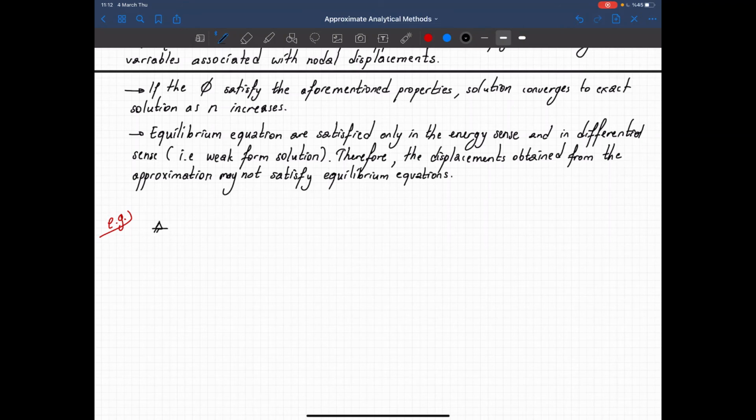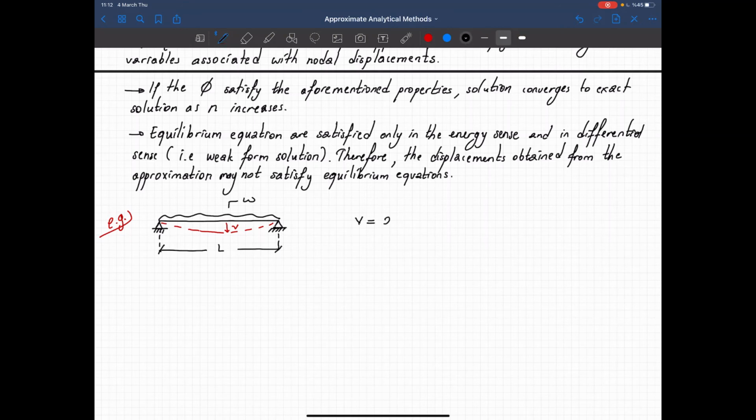This time I'm taking a simply supported beam under uniformly distributed load, and length is L. Okay, so my approximate function, I'm approximating the vertical displacement V, as a polynomial function.